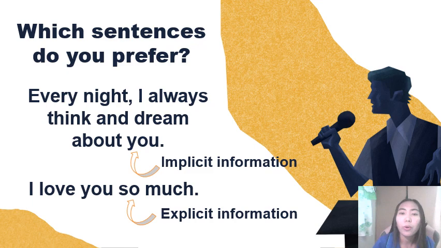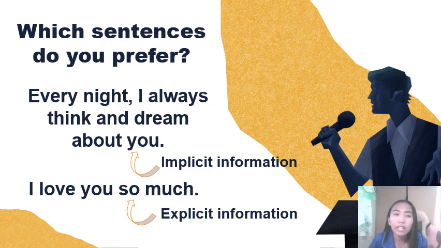Okay, so by looking into implicit and explicit information, this will help the reader to guess about what they read when they know how to distinguish implicit from explicit. This activity, this brainstorming of ours, will help you evaluate a claim, a claim or a position of the author.